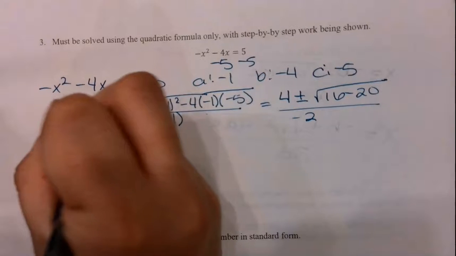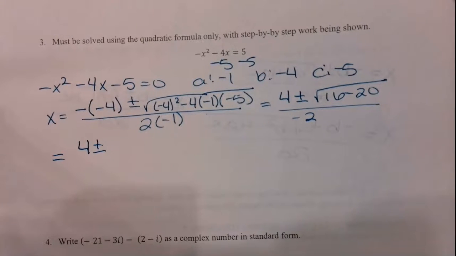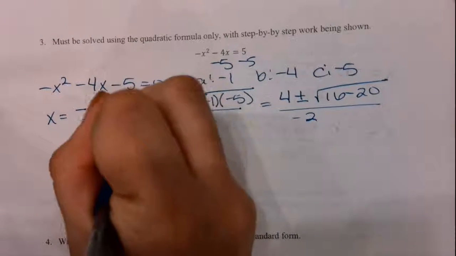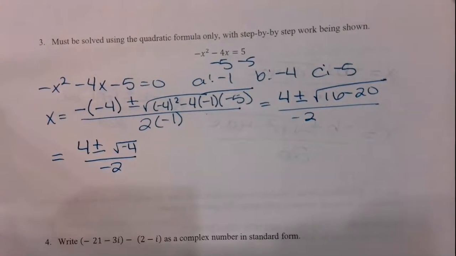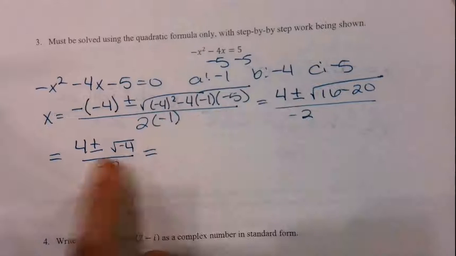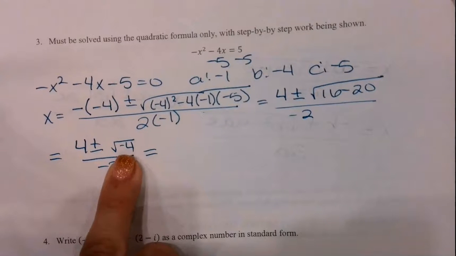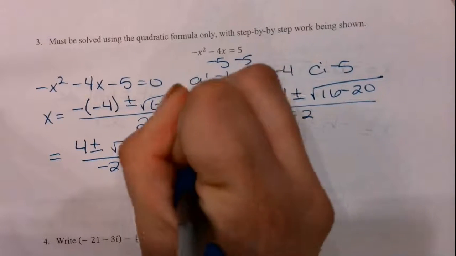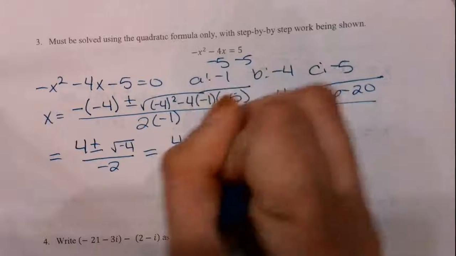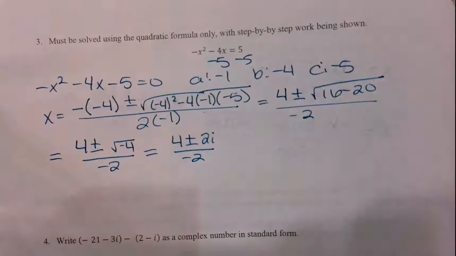So I still have the 4 on the outside, still plus or minus. 16 minus 20 gives me negative 4 over negative 2. Then I want to simplify my radical. Because it's negative, it's going to be imaginary, but I can take the square root of 4. That gives me 2. So I have 4 plus or minus 2i over negative 2.